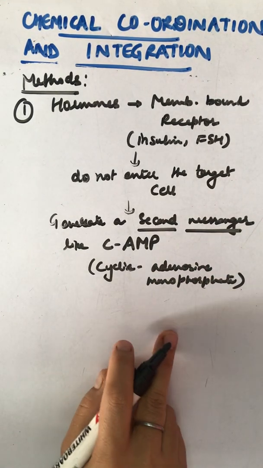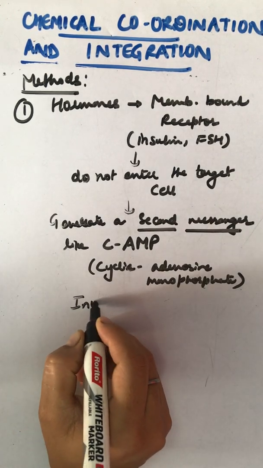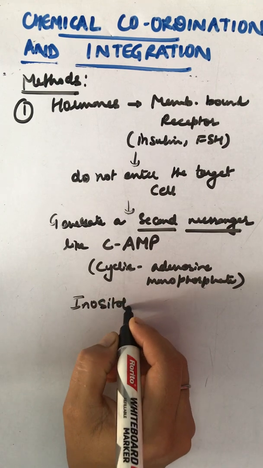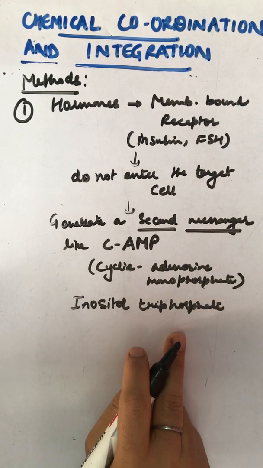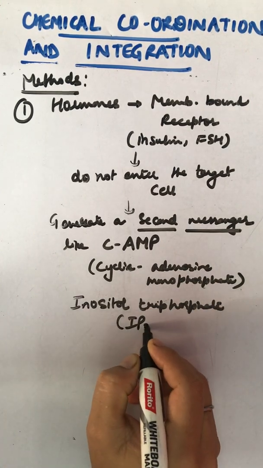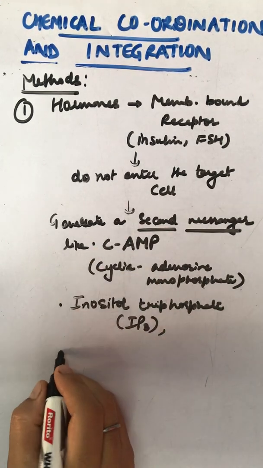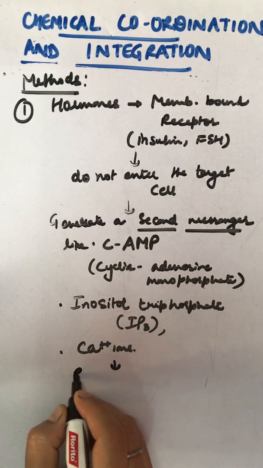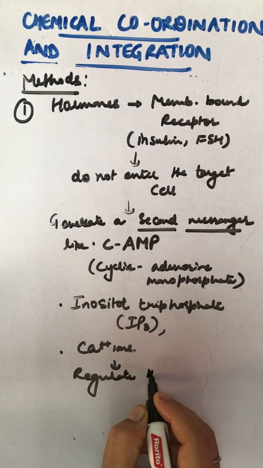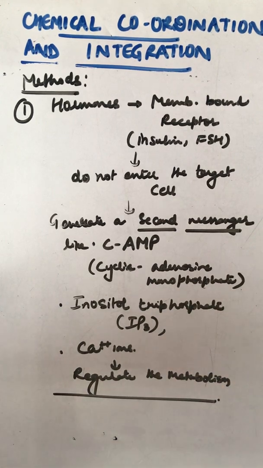It will generate cyclic AMP, or it can generate inositol triphosphate, another secondary messenger. We call it IP3. It may also generate the third one, which is calcium ions. What for? These all will regulate the metabolism. Okay, this is one methodology.